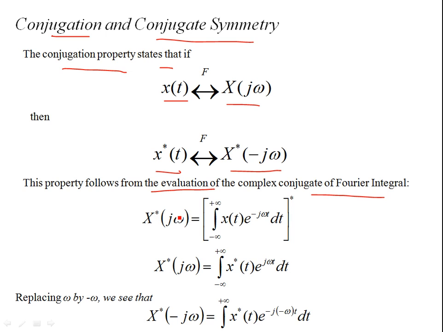If you take the star of both sides, you can take this conjugation operation inside the integrand, so it becomes x*(t) e^{jωt}, because this was e^{-jωt}, a complex quantity, so it becomes positive. Then replacing ω by -ω, with this little mathematical artifice, you will see that this is X*(-jω) on the left hand side.